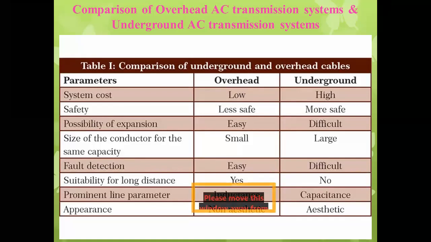Size of the conductor for the same capacity is smaller in the overhead system compared to the underground system. Fault detection is easier in the overhead system than in the underground system. Suitability for long distance: the overhead system can be used for long distances without any problem, but the underground system is somewhat difficult compared to the overhead system.